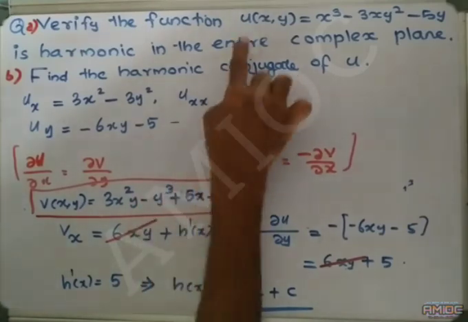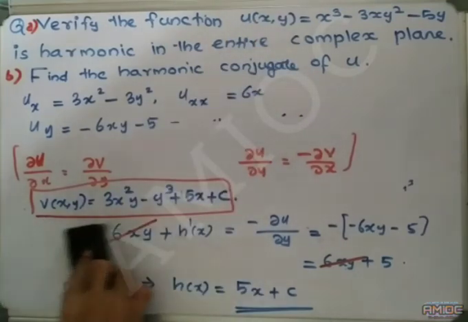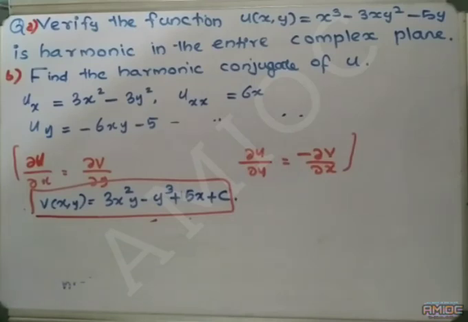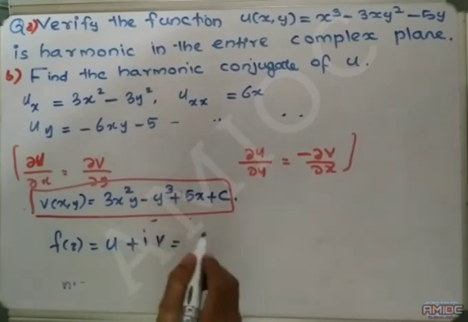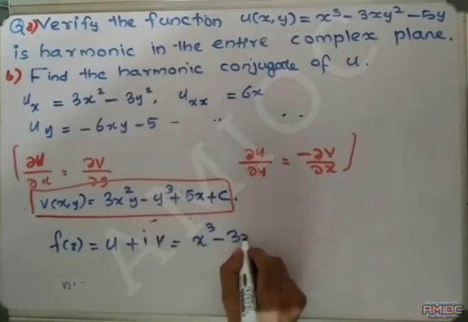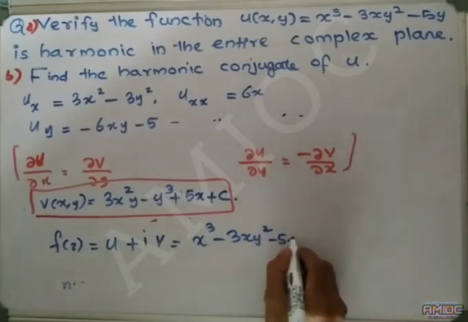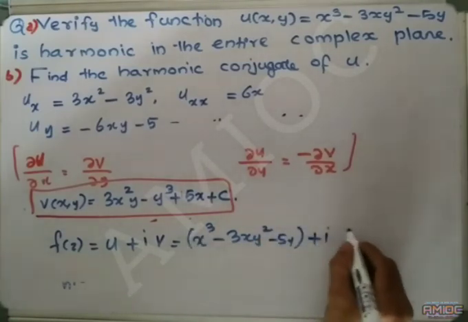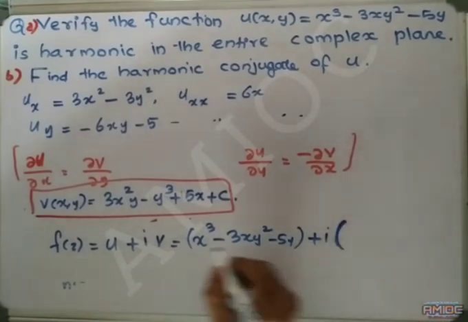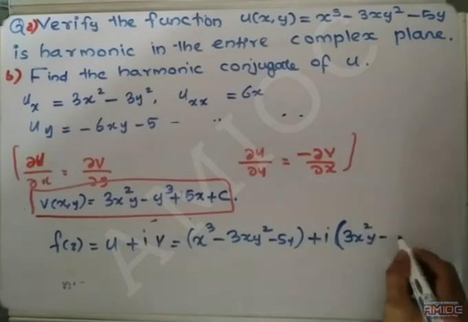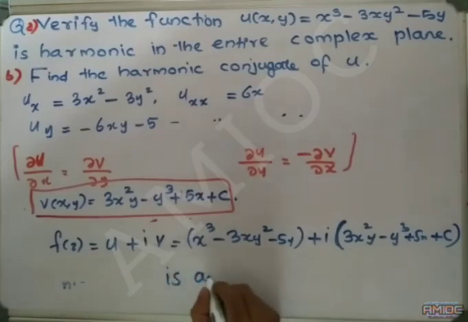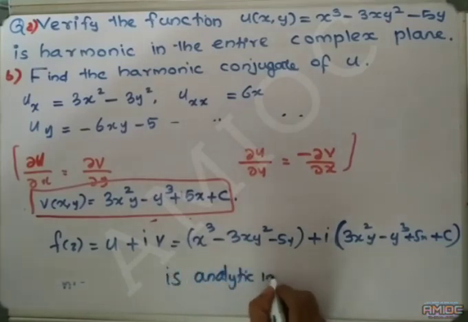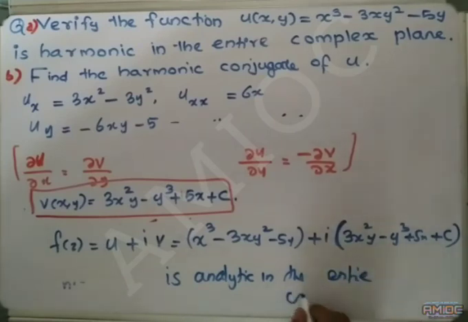Since v is the harmonic conjugate of u, the function f given by u plus iv, where u is x³ minus 3xy² minus 5y, and v is our formulated harmonic conjugate of u, 3x²y minus y³ plus 5x plus c, is analytic in the entire complex plane, since v is the harmonic conjugate of u.